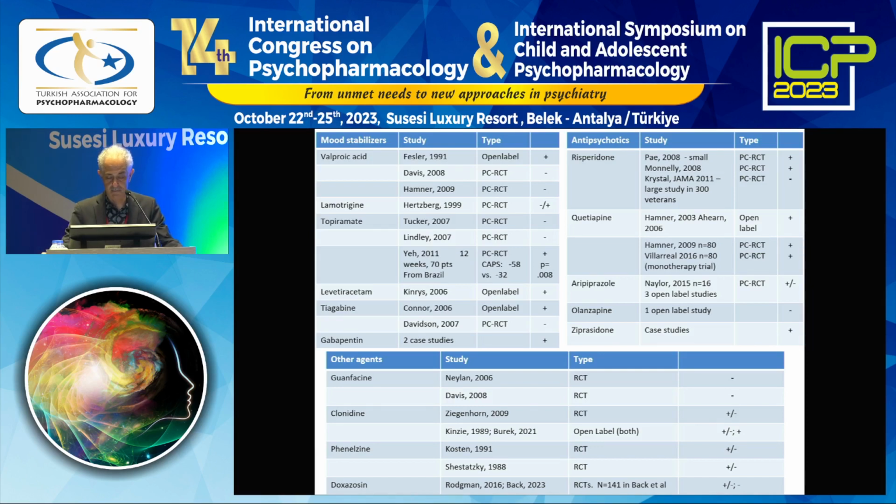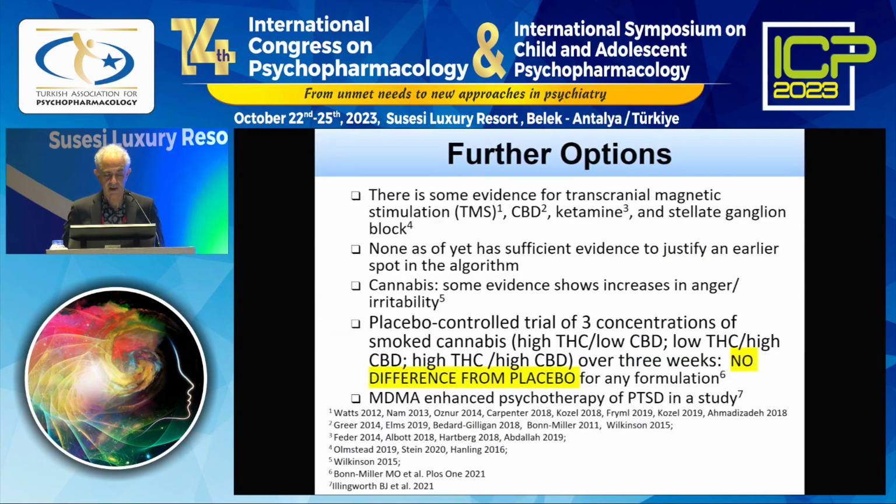But then, Back et al. just published this year a larger 141-patient placebo-controlled trial showing no efficacy at all to doxazosin. So we've dropped it off our mention list higher up in the algorithm where we used to have it. But we still retain it in the table here. And finally, the further options beyond these, there's some evidence that transcranial magnetic stimulation may have a role in PTSD.